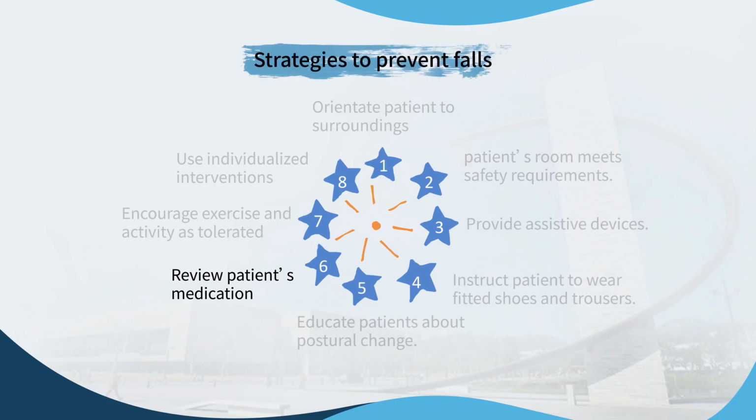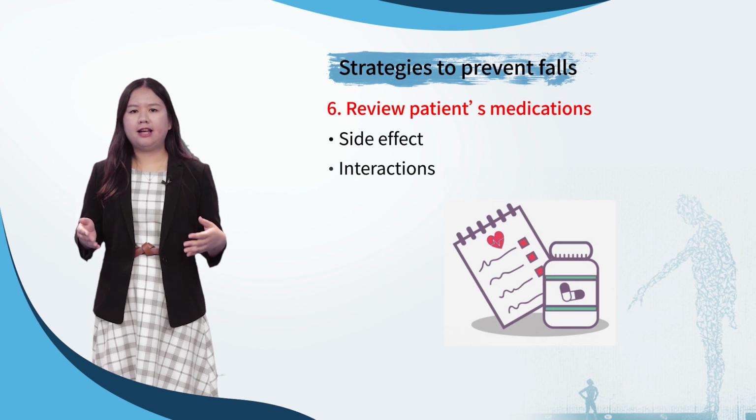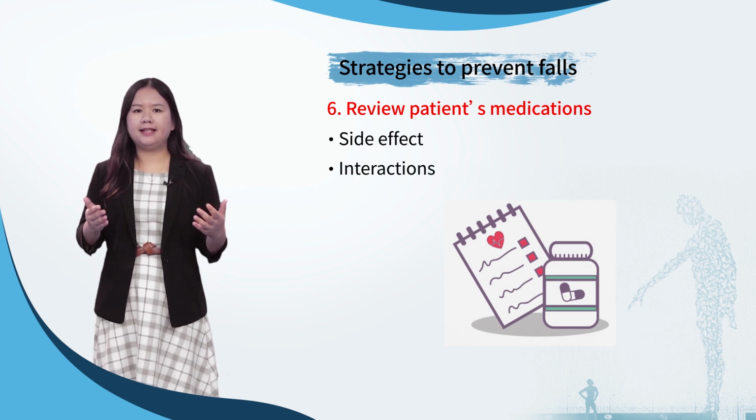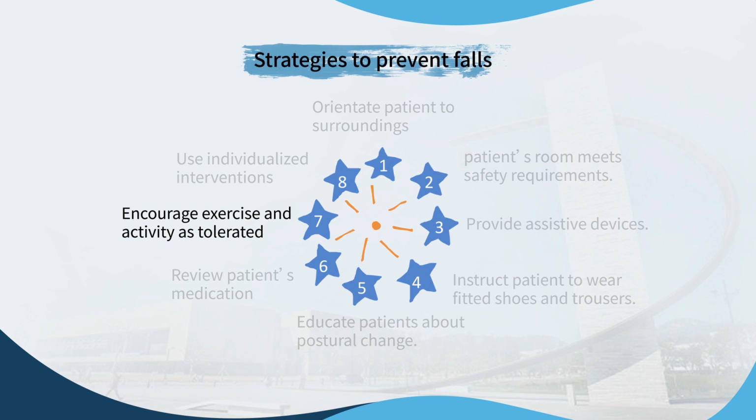Let's move to the sixth strategy. Review the patient's medications for side effects and interactions that may increase his or her risk of falling, such as sedatives and antihypertensives. Next, we should encourage exercise and activity as tolerated.